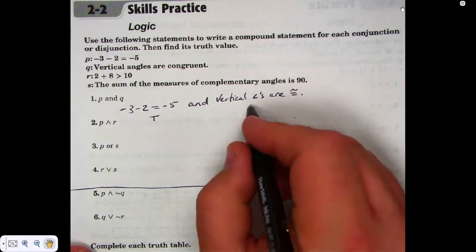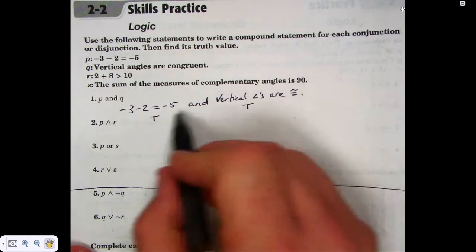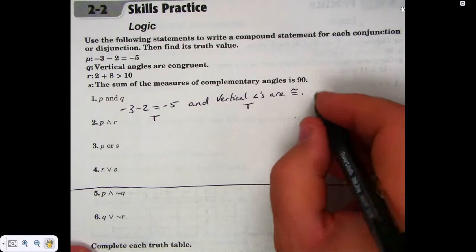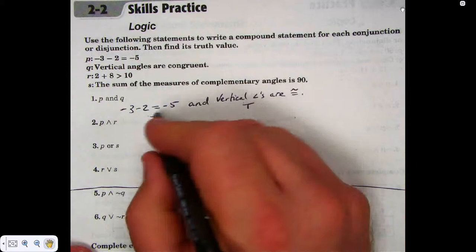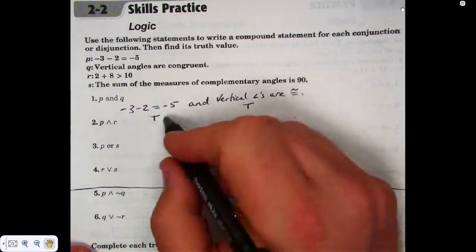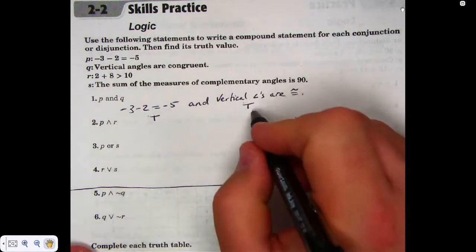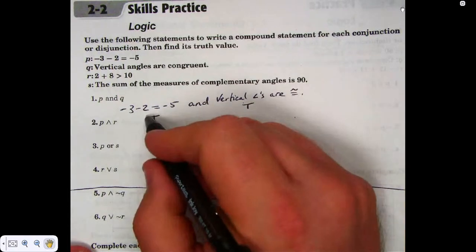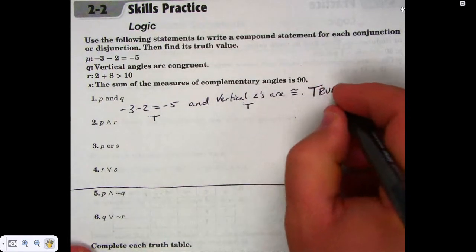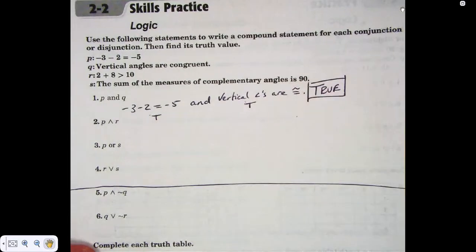So I've got true and true. What about the whole statement? Did both happen? Just like taking out the trash and cleaning the kitchen. This happened, true, this happened, true, so the whole thing is what? That's its truth value. See how we're doing that?